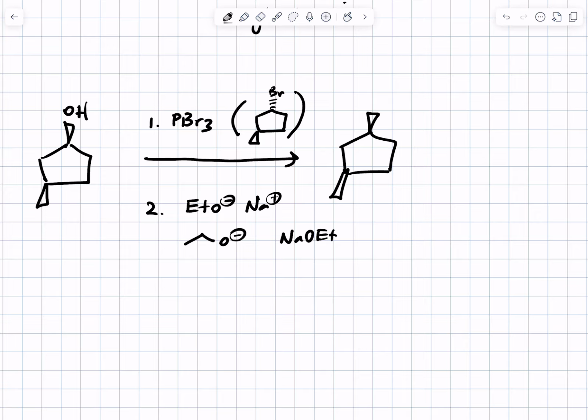So yes, you would expect to see this product, but then you would also expect to see the elimination products that could come from this alkyl halide, which I believe would be these two.